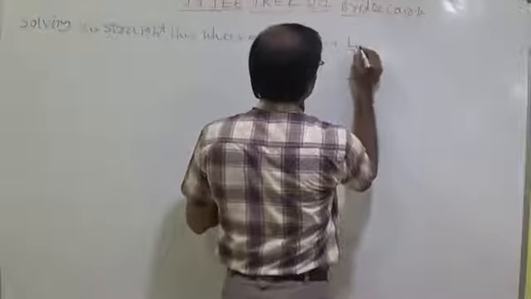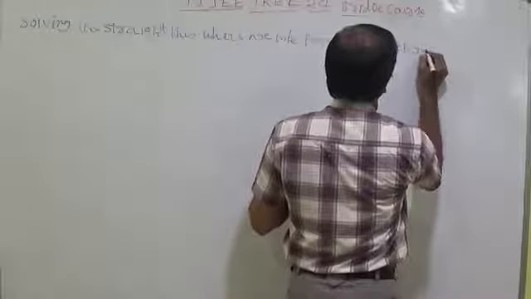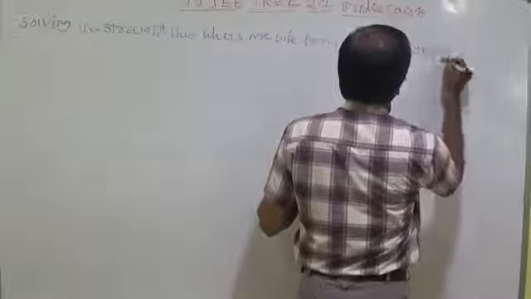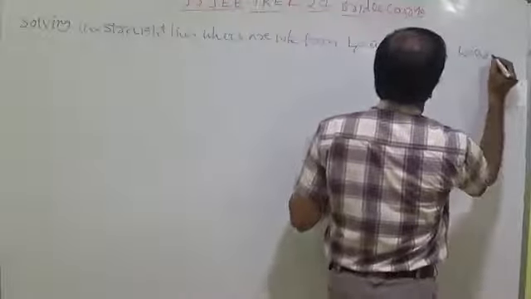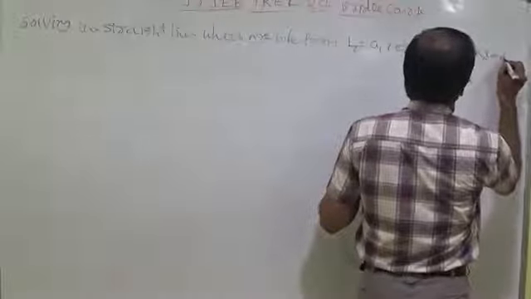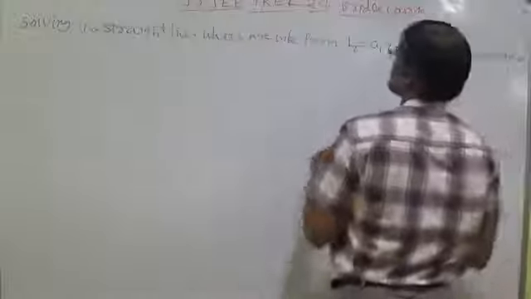L1 equal to A1x plus B1y plus C1 equal to 0, comma, L2 is equal to A2x plus B2y plus C2 equal to 0.